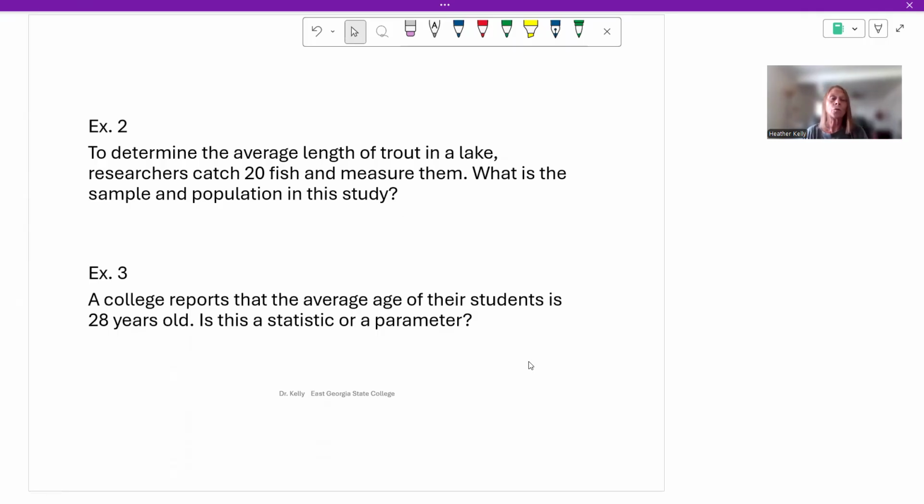Okay, so getting back to this question, we're catching 20 fish. We're going for trout in a lake. What's the sample? Well, the sample is the 20 fish caught.